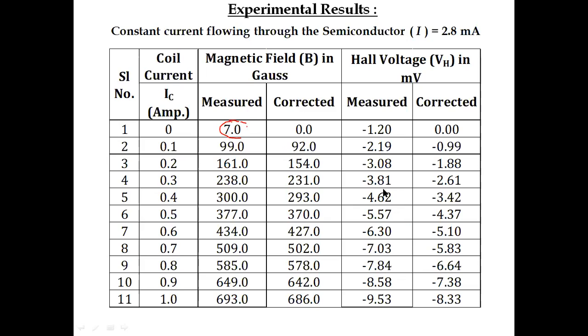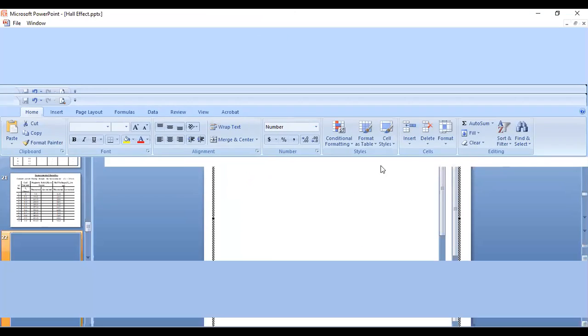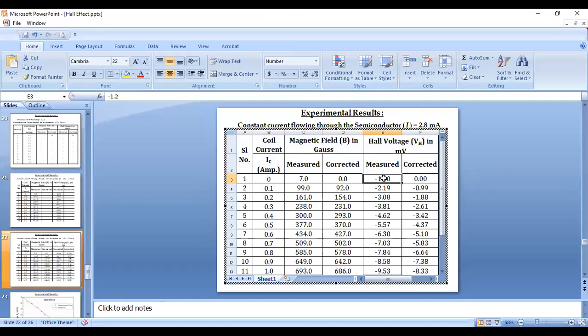Similarly, I'm giving you a simple one. Suppose your measured Hall voltage is 0.5 where the initial value should be 0.